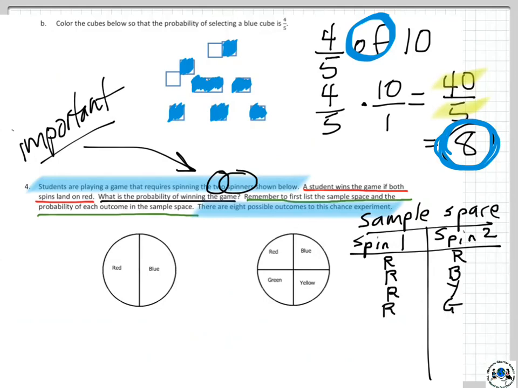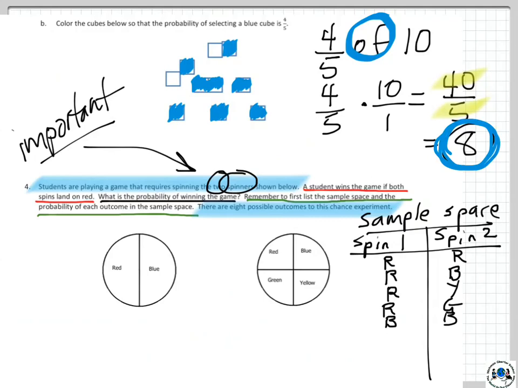So every time we spin red first, we have 4 different possibilities because we have 4 on that second spinner. And you could probably begin to see a bit of a shortcut here in terms of how many of these possibilities there are. Again, I'll just continue.